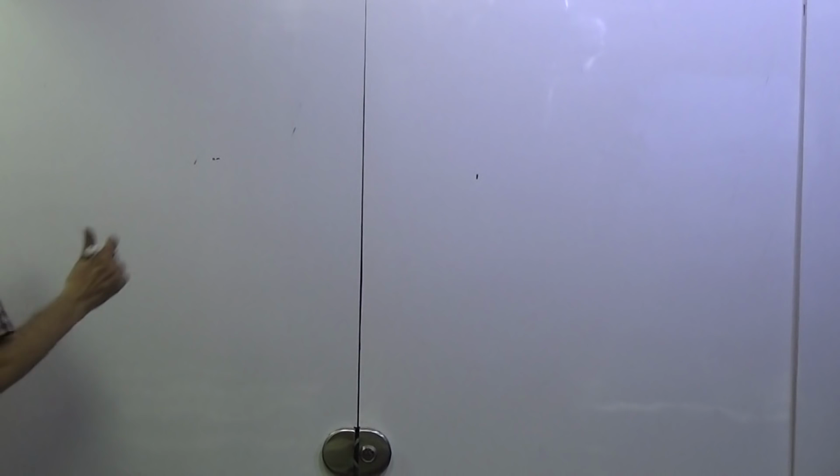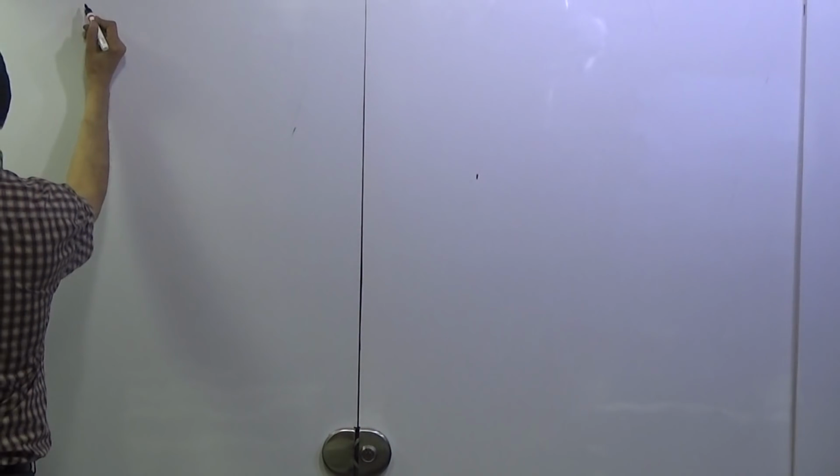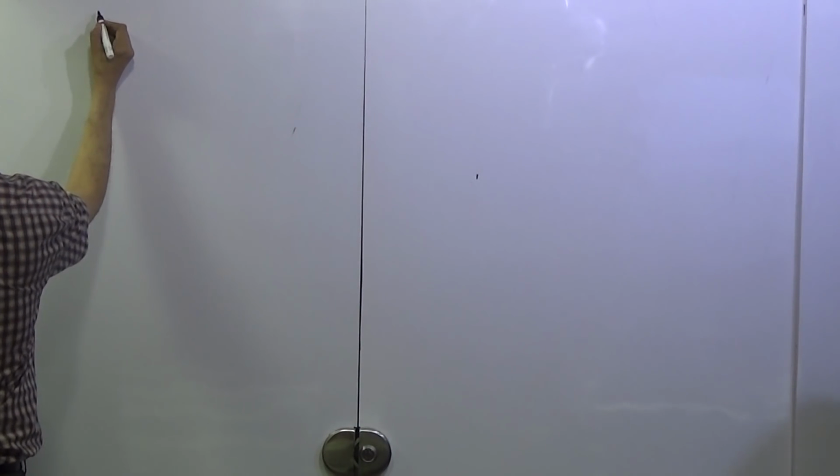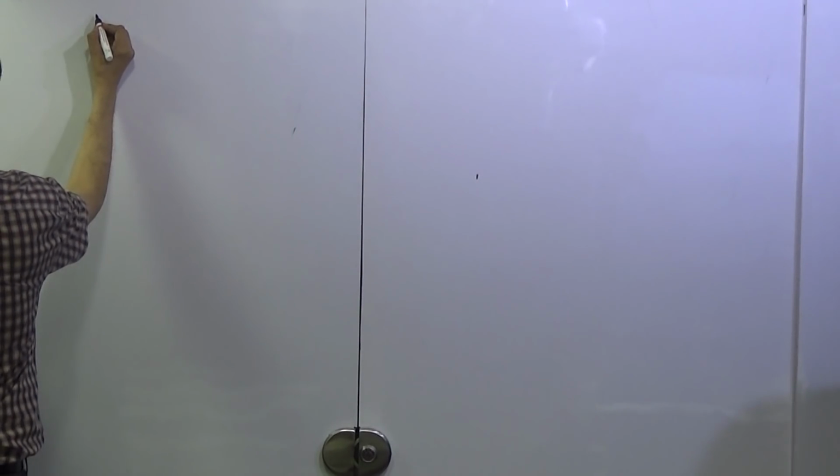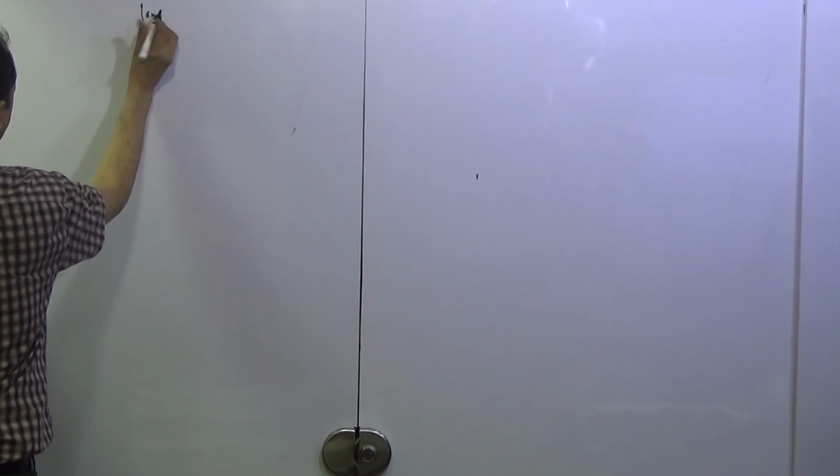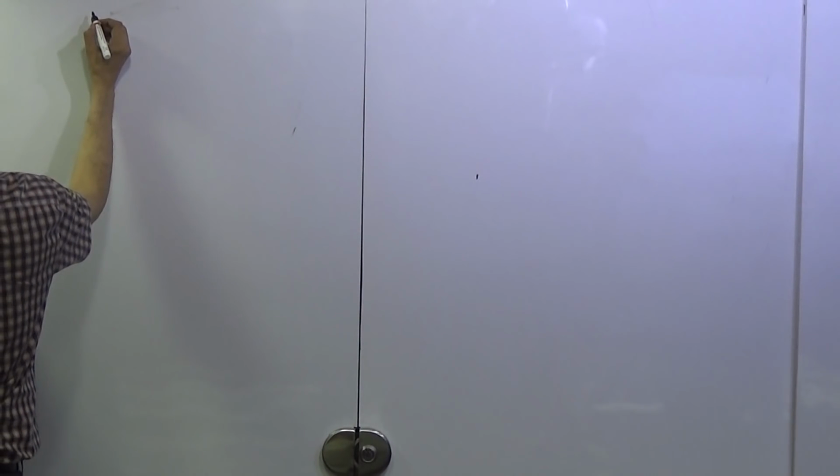Sir, it will be tan of 2 theta minus 2 tan theta. No, I'm saying something wrong. Wait. 2 tan theta upon tan of 2 theta.